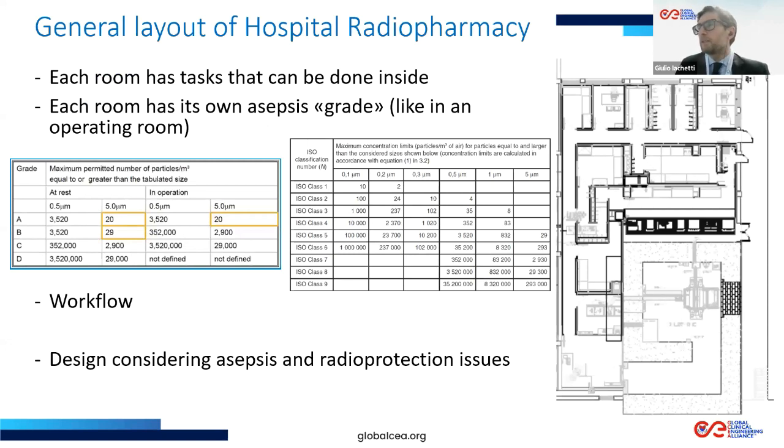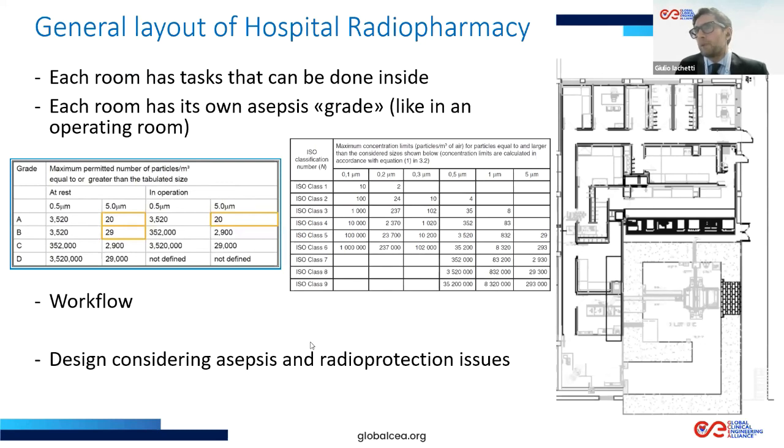As I did for the layout of the diagnostic floor, this is the radiopharma production floor. I want to show you just a standard layout. In the lower part on the right, you see the cyclotron that is inside a bunker, a vault.